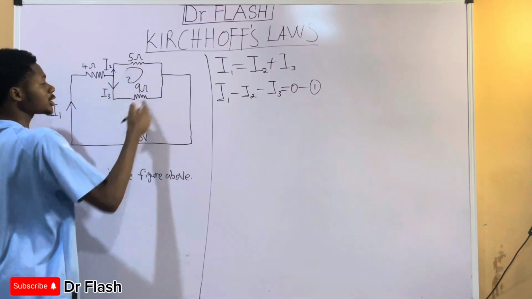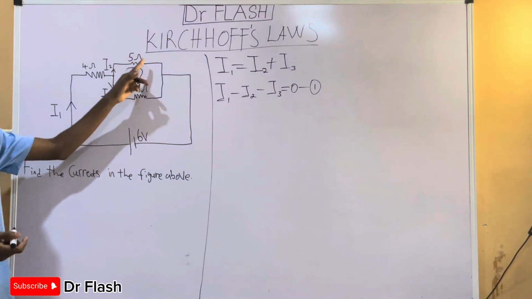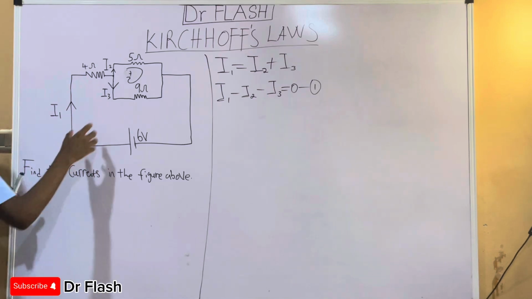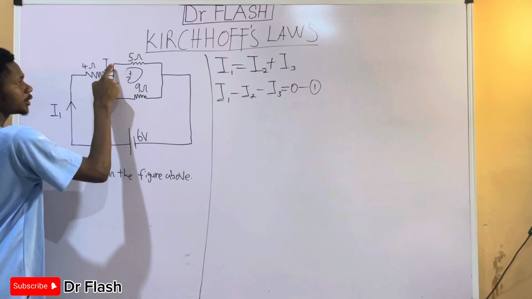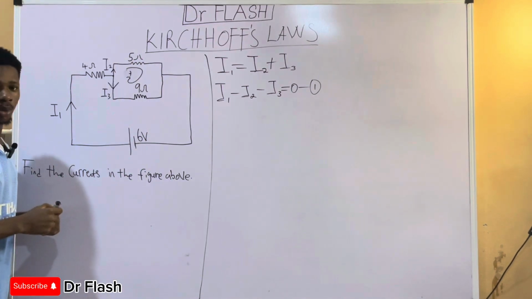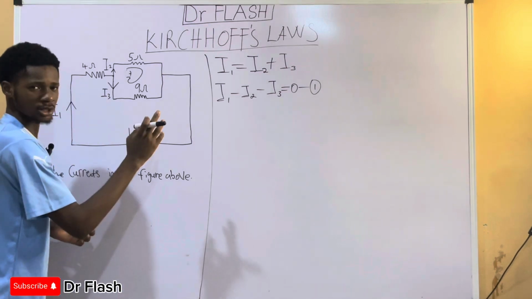So we are taking this direction and we are assuming that all the currents in this loop are going in this direction, which should be positive. So we're going to consider this loop. It means that the voltage across this resistor moving in this direction, what will be the sign? You don't have to guess, we've already explained it in the other video.